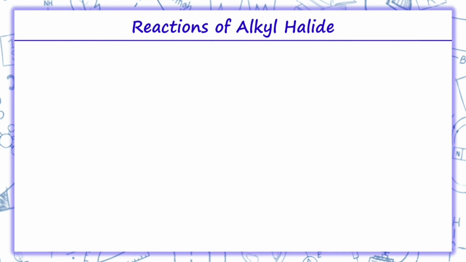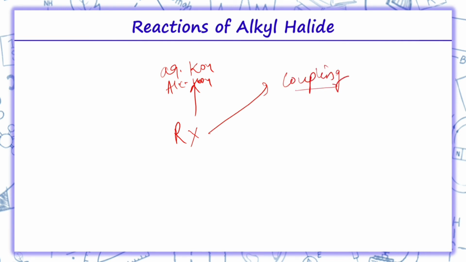Now, coming on to reactions of alkyl halides. We have alkyl halide, it reacts with aqueous KOH, it reacts with alcoholic KOH. Similarly, there are coupling reactions which take place, that is reactions with metals. Then it also reacts with ammonia, it also reacts with KCN, AgCN.